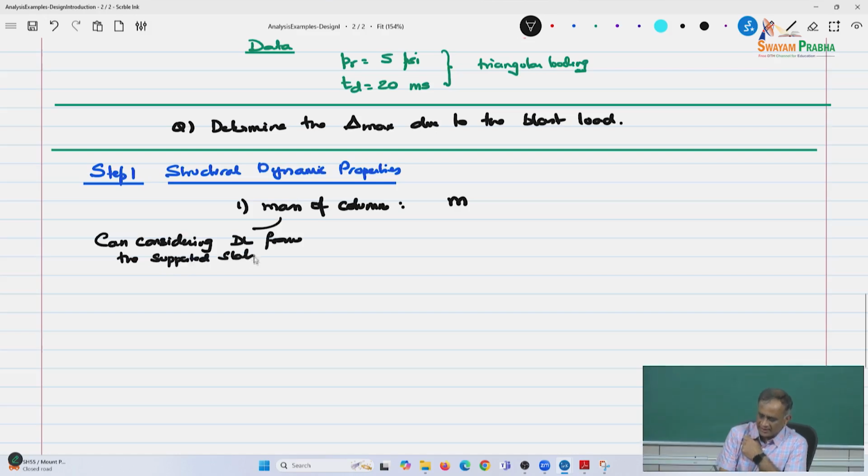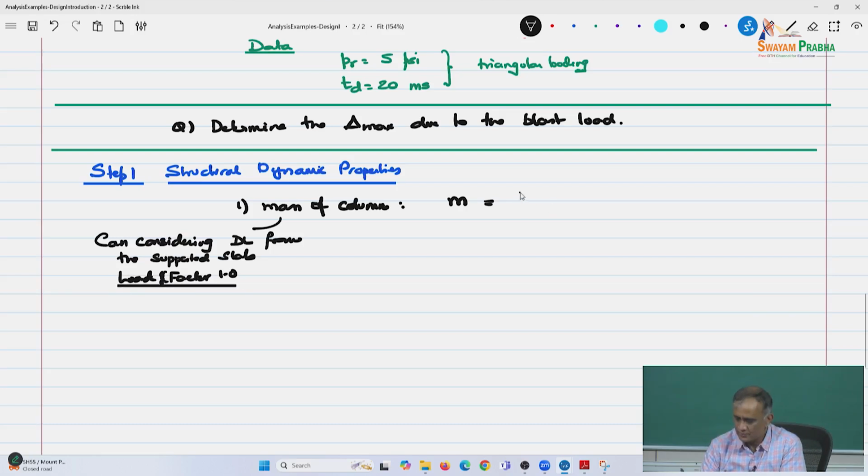You cannot ignore that. On one extreme, you can try what the response is without that, but consider the mass from the dead load and you can take a load factor of 1.